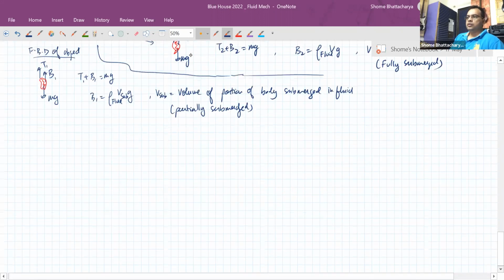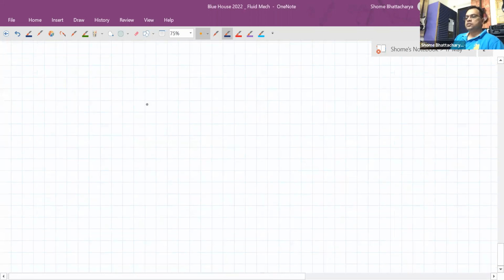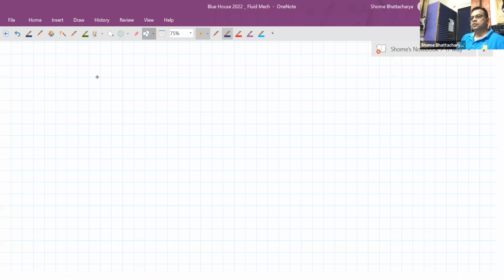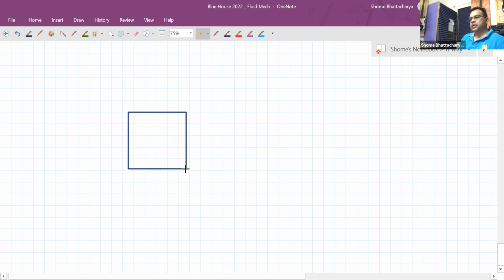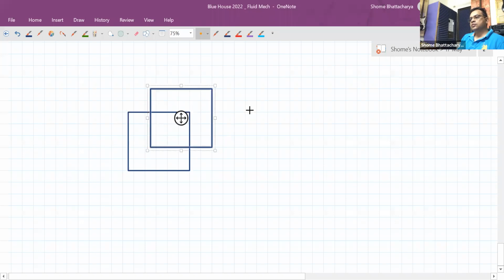Okay, so let's understand how exactly this works. Consider a cubical shaped object kept submerged under water.